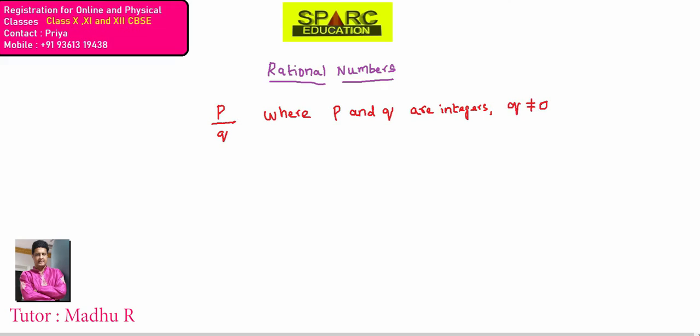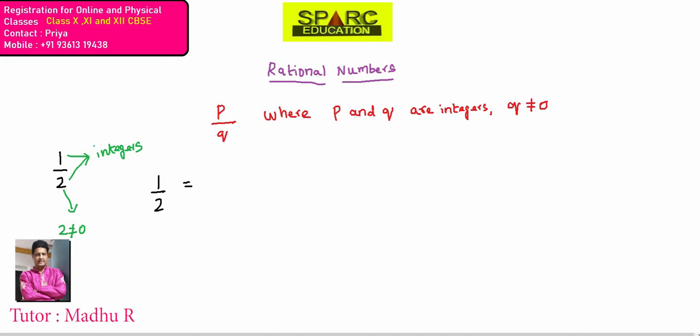What does that mean? For example, if I have a fraction 1 over 2 or 1 by 2, we know that both 1 and 2 are integers, and we also know that 2 is not equal to 0. That means 1 by 2 is rational.